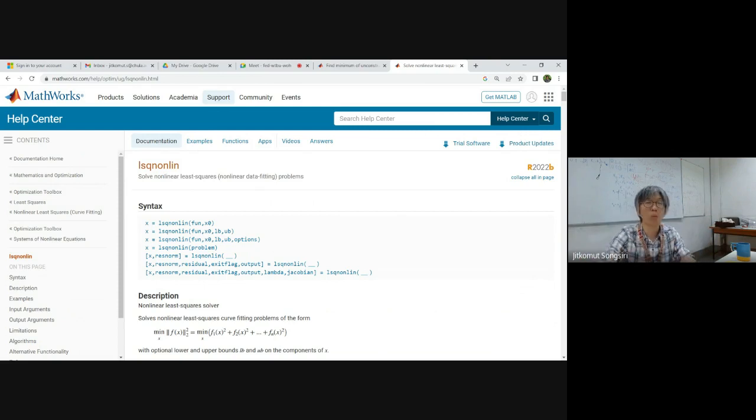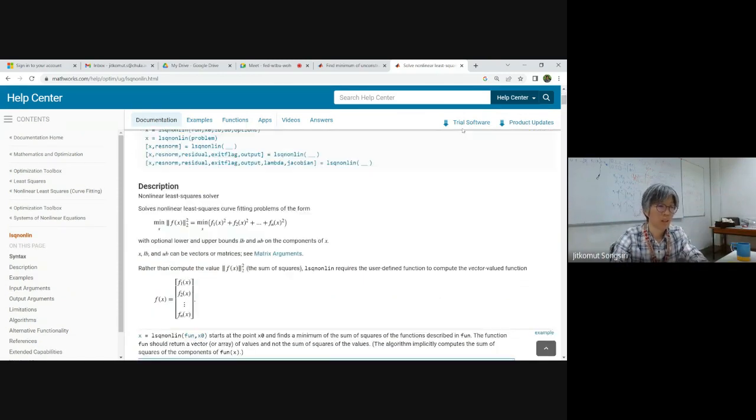The sum square is handled by the command itself, because it is designed for that purpose. If you look at the description, the nonlinear least square is just the sum square. So as a user, you just put the vector f, which is our vector r in the slide. That's why it's just a simple exercise that I asked you.